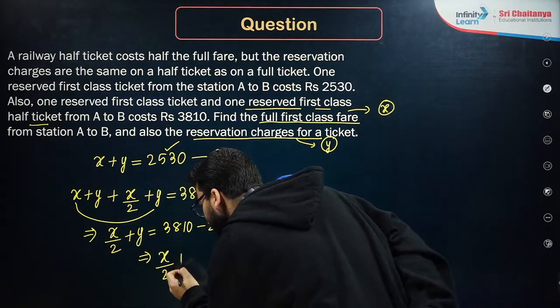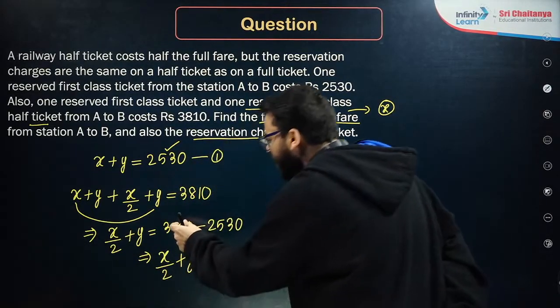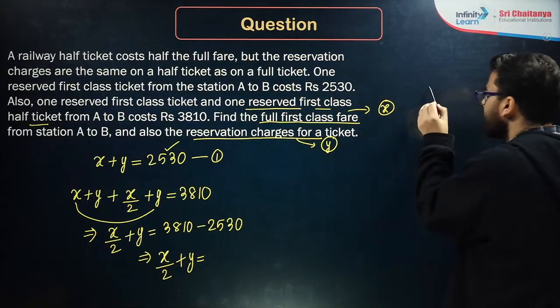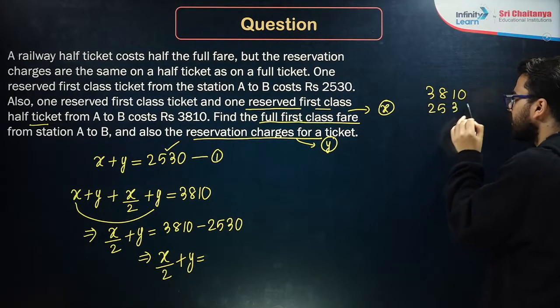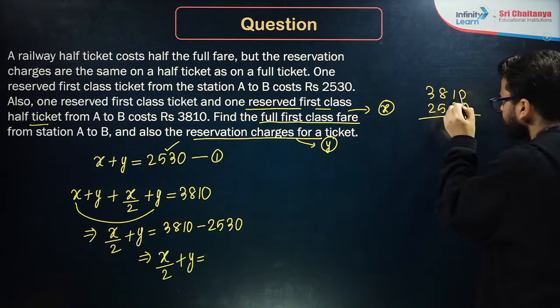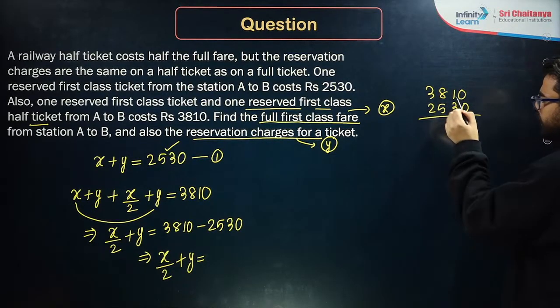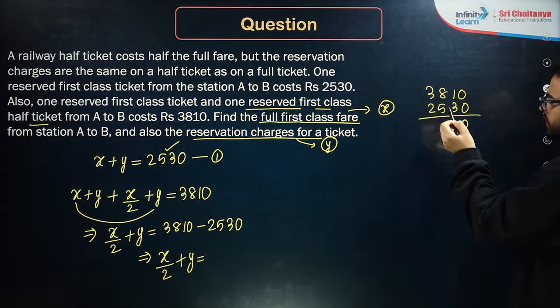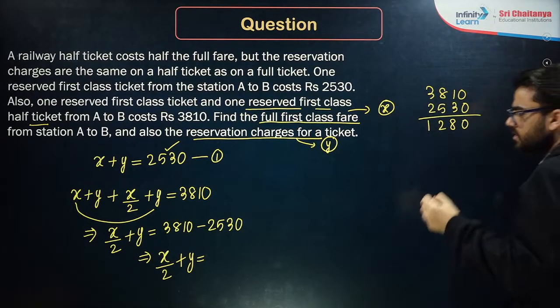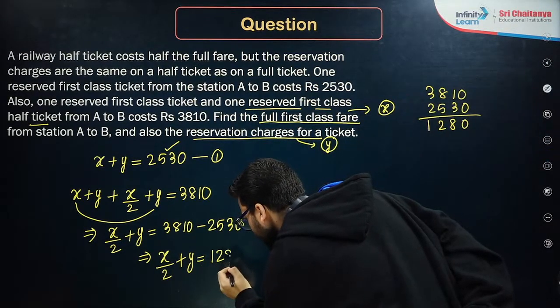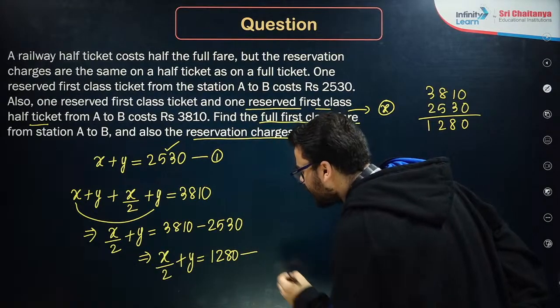X by 2 plus Y is equal to 3810 minus 2530, which is 1280. This is the second equation, you can say.